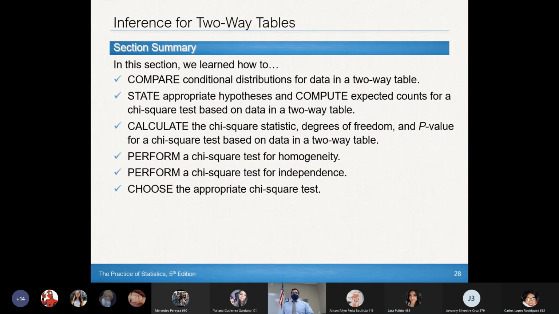Our chi-square test for independence is testing for association within a single sample or a single group or population between 2 different categories. The way in which we calculate the expected values and the chi-square statistic is the same for both tests. There's no separate procedure, it just depends on the context and then how we interpret those results.